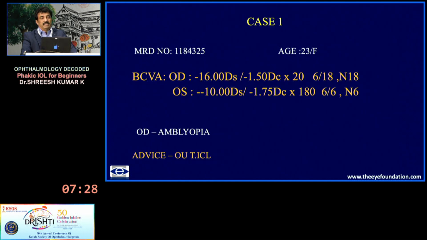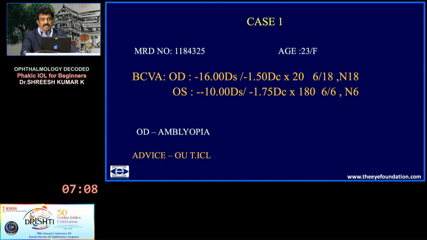And a few case examples. In this particular case, the patient has a high myopic astigmatism and anisometropia. The right eye is amblyopic with a very high spherical power, and the left eye has 10 diopters of myopic astigmatism.